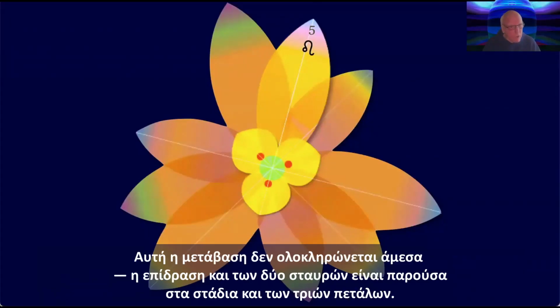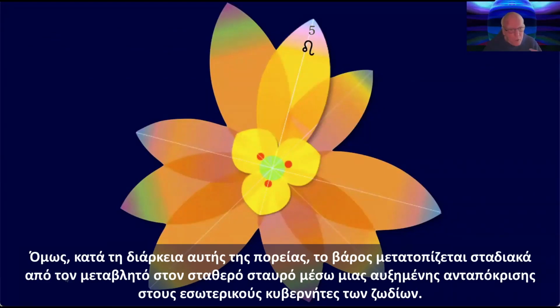The influence of both crosses is present during all 3 fifth petal stages, but during one's sojourn through them, the weight gradually shifts from the mutable to the fixed cross through an increased responsiveness to the esoteric rulers of the signs.